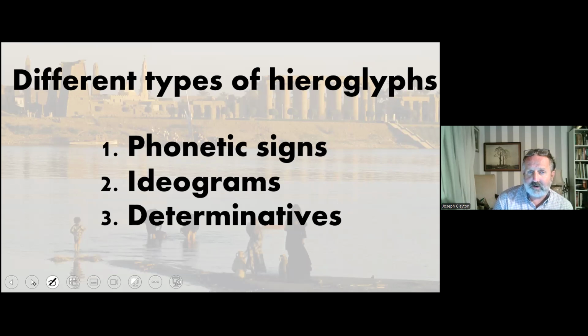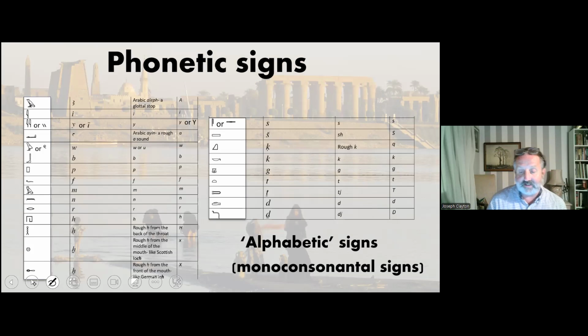You'll also see when you look in Gardiner's sign list and stuff, which you should be familiar with at this stage, that he also has categories like semi-phonetic signs and semi-ideographic signs as well, which is basically when you're not entirely sure which category something falls into, whether it's just a picture of something, whether it's used phonetically, or used for both. So yeah, but anyway, let's have a look at the basic phonetic signs.